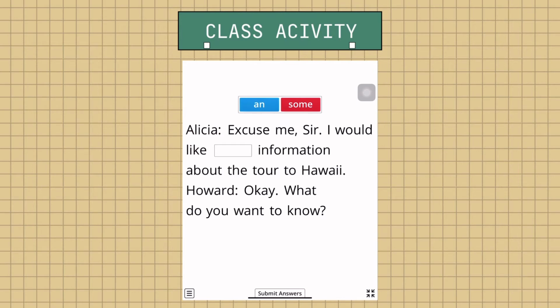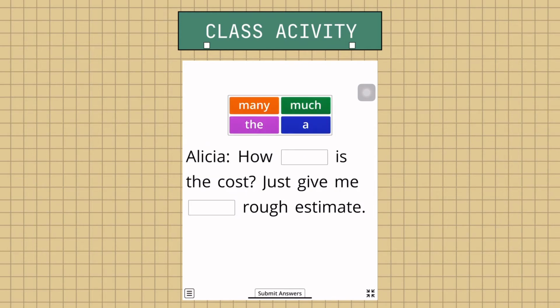Is it some information or an information? We use some. The word information is an uncountable noun, so the most natural way is to use some information. Okay, proceed to the next slide.